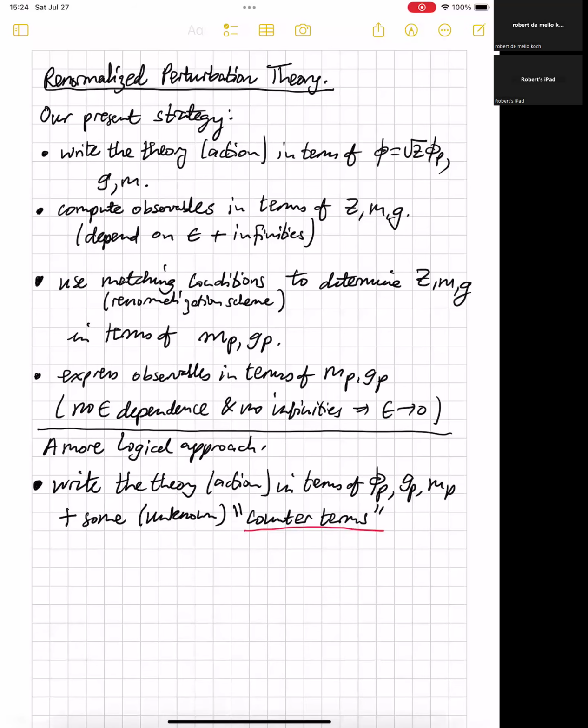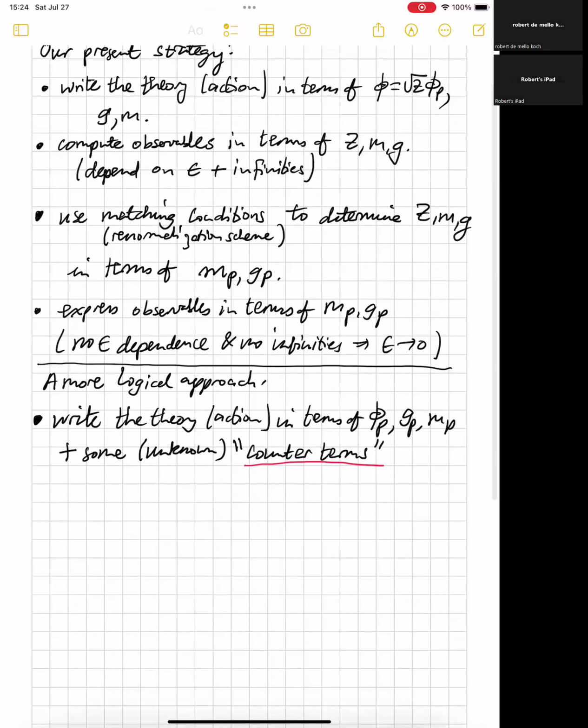So just suspend your curiosity. They'll be coming very soon. And in this point of view, the matching conditions determine the counter terms.